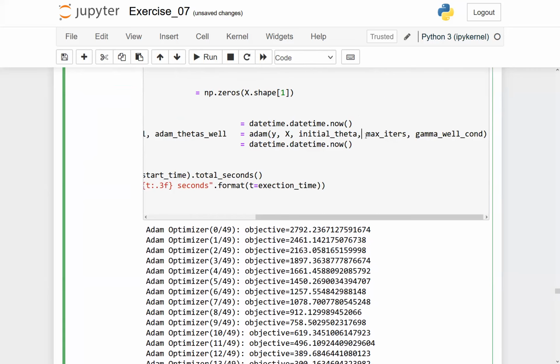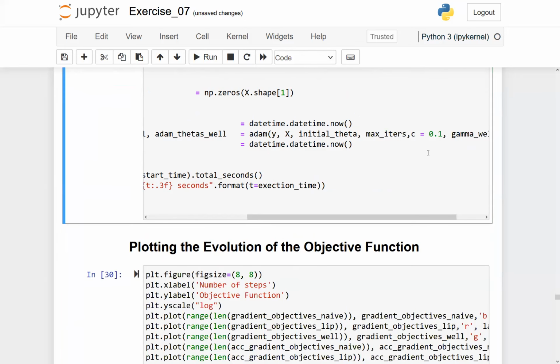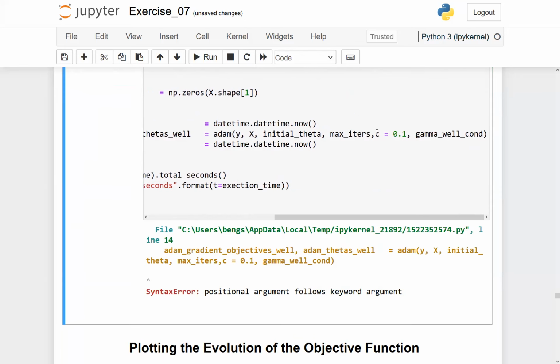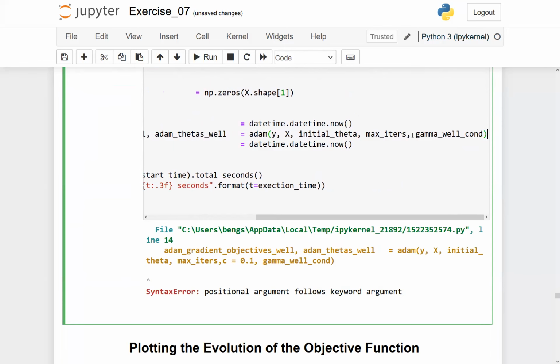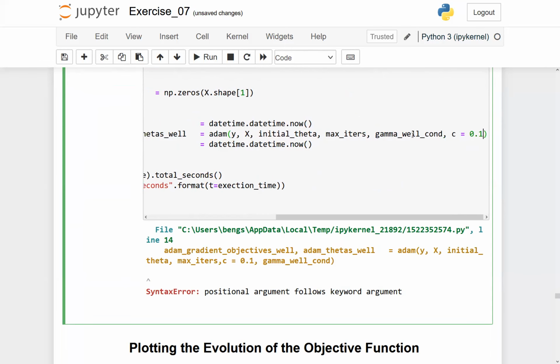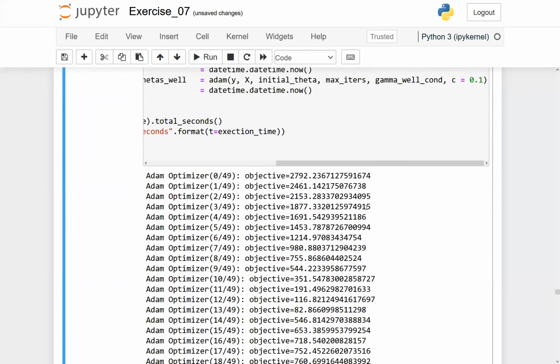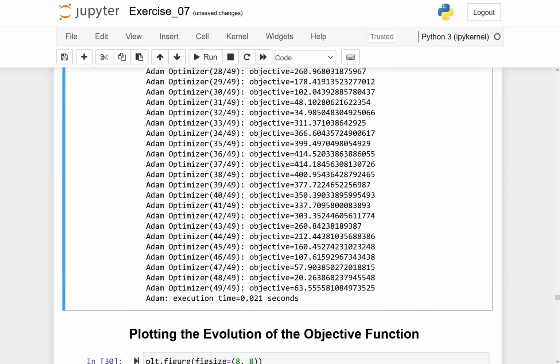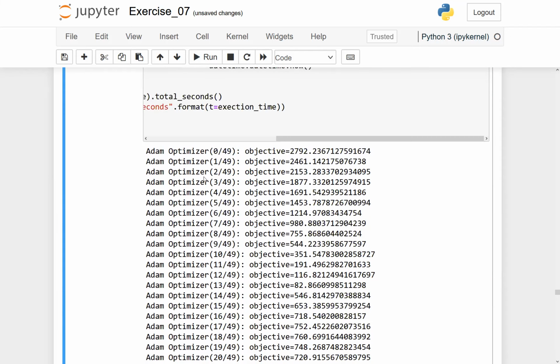Perhaps if we choose for C, I don't know, 0.1. Yeah, it was right here, right? Oh, yeah, sure, here. Not that good.